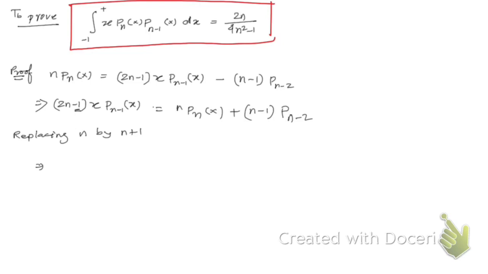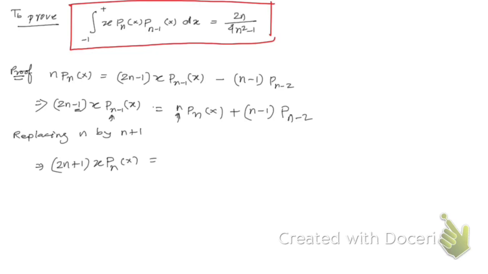If you replace this n by n plus 1, hope you have understood this. X P, here we had n minus 1. If you replace n by n plus 1, then minus 1 plus 1 is gone, so we're gonna have Pn of x here. Hope you have understood this.